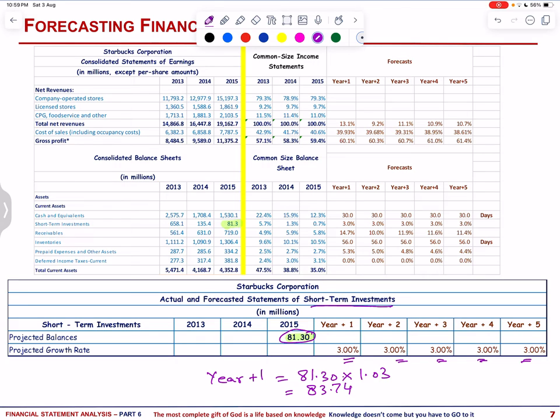So for year number 1, the projected balance for short-term investment is 83.74, 86.25 for year 2, 88.84 for year 3, 91.5 for year 4, and 94.25 for year number 5.